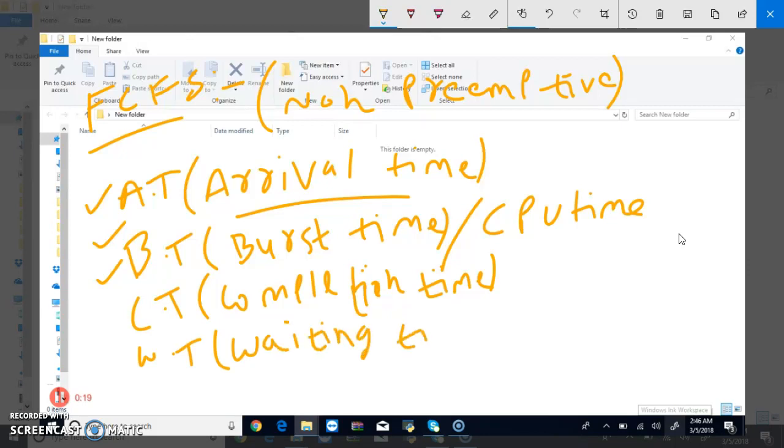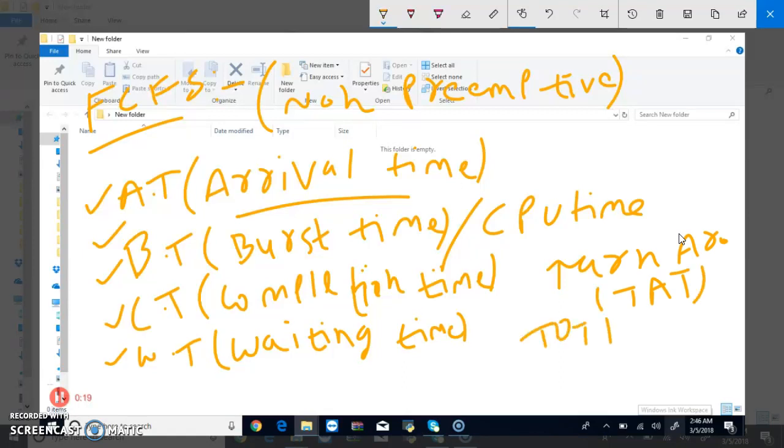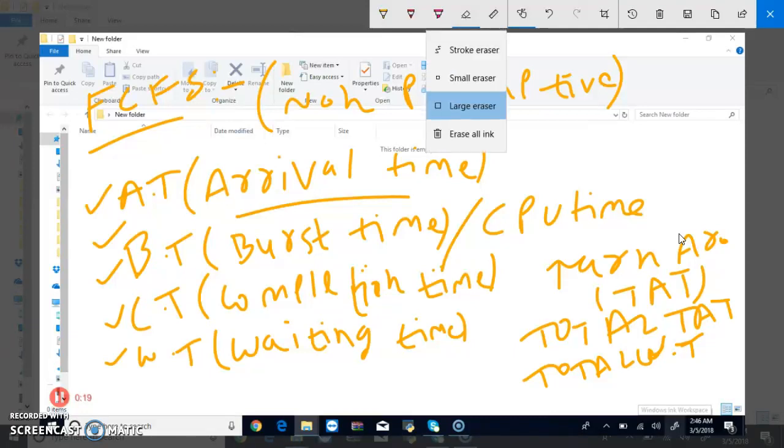These are the times you need to remember, and some other times like turnaround time, that is TAT, and total TAT and total waiting time.